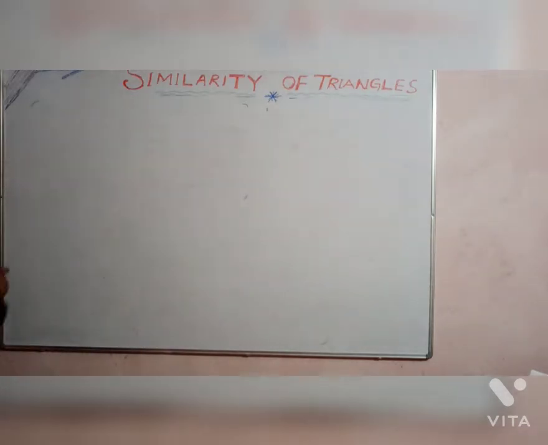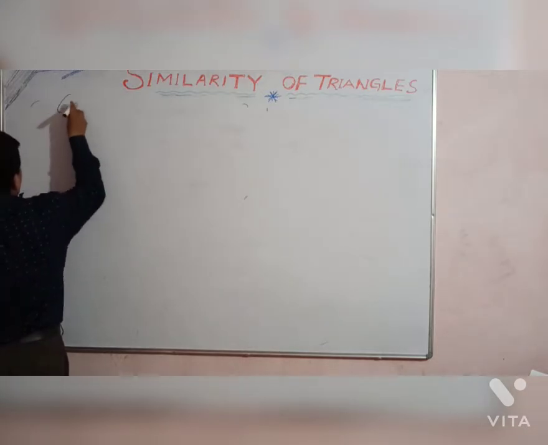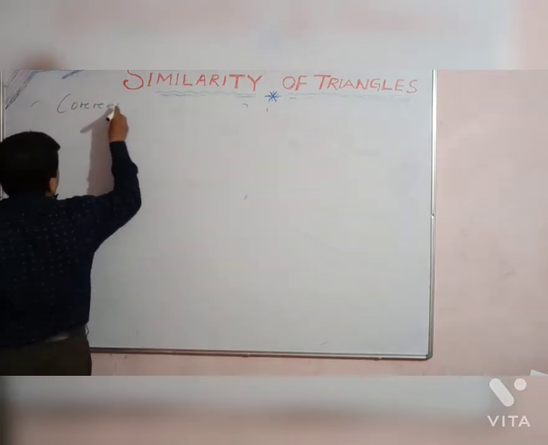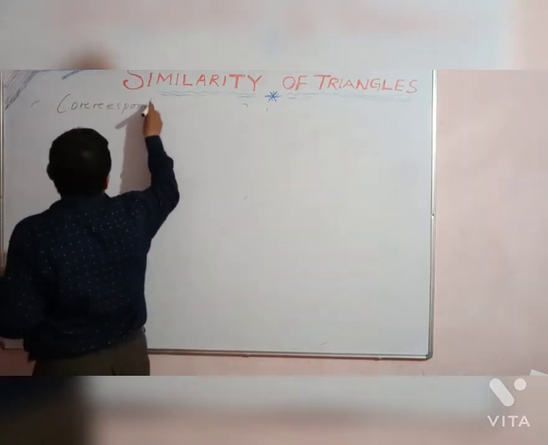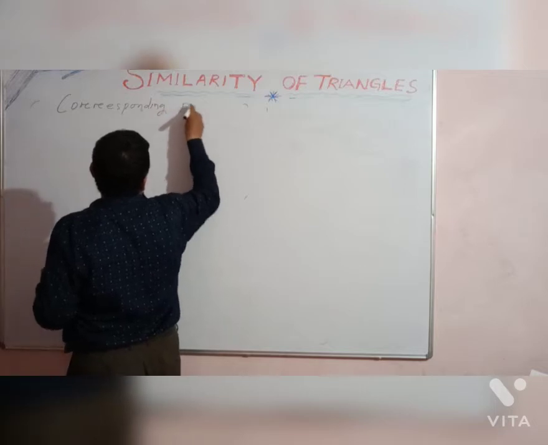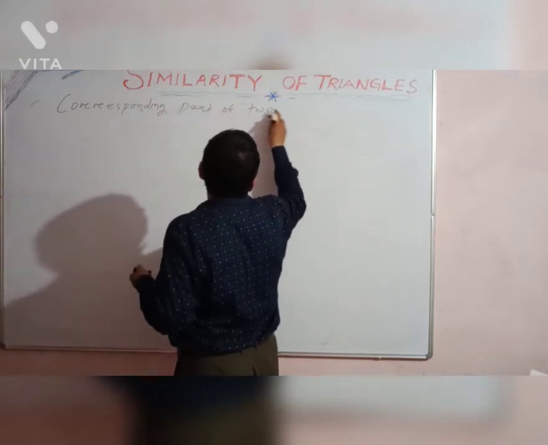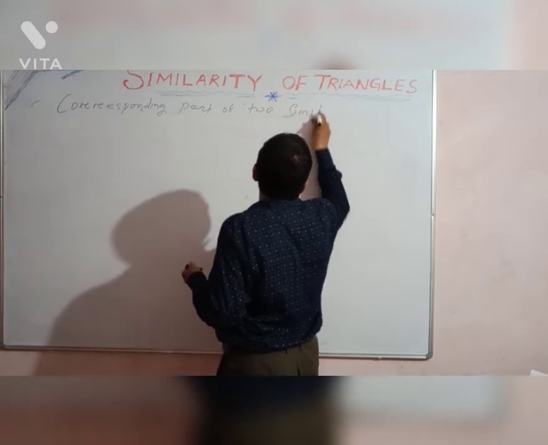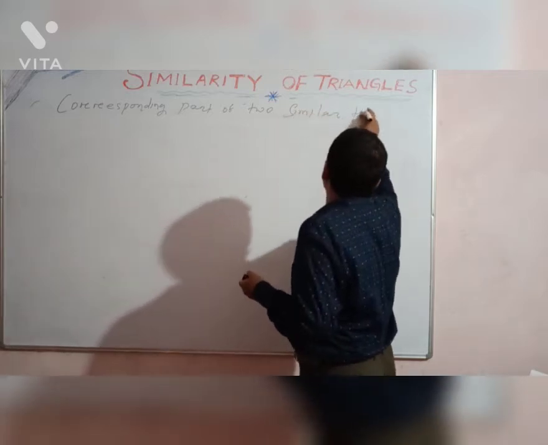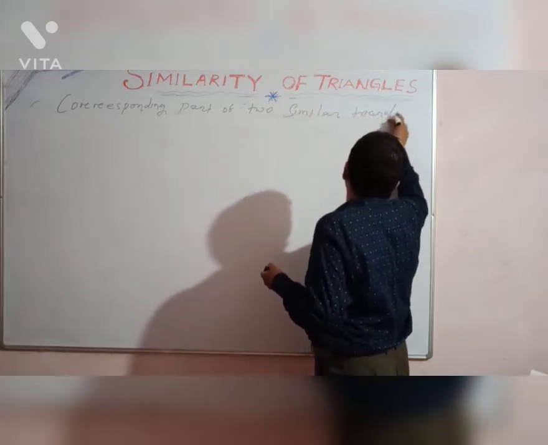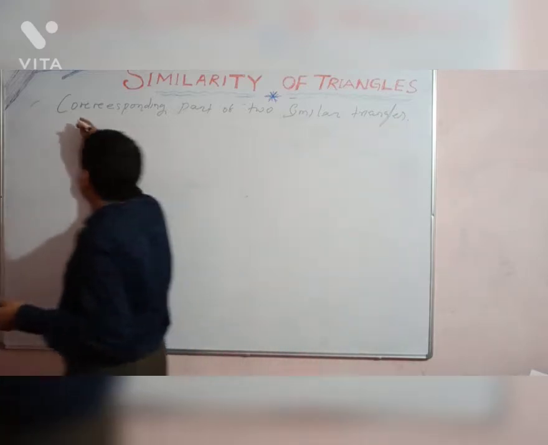Now let's see the corresponding parts of two similar triangles. What are the corresponding parts of two similar triangles?